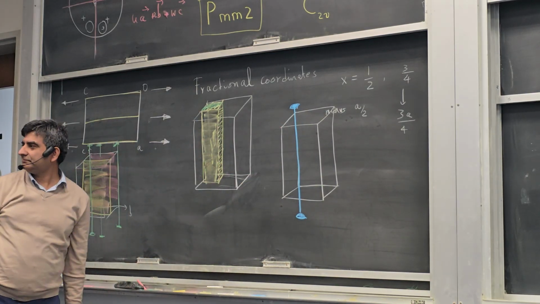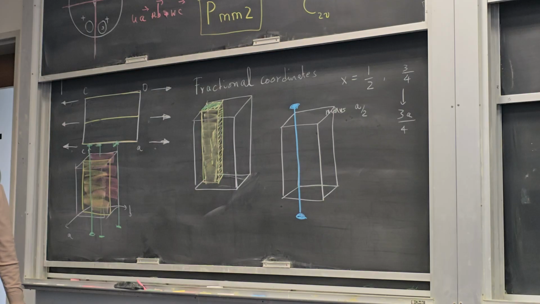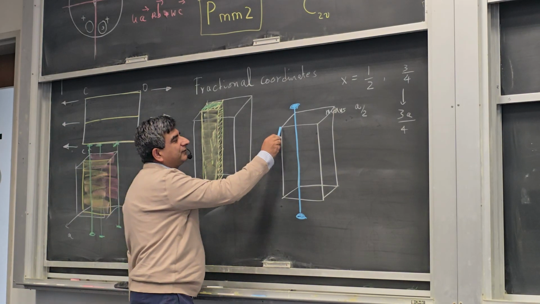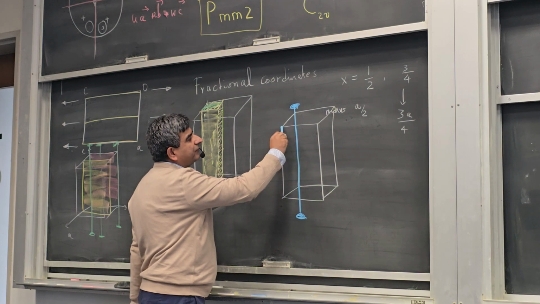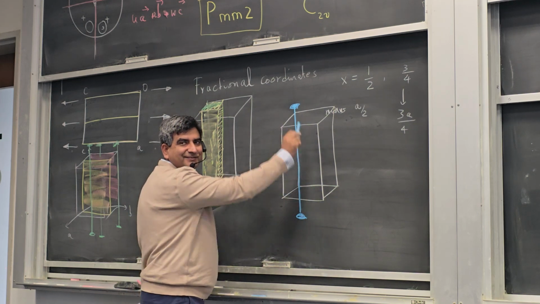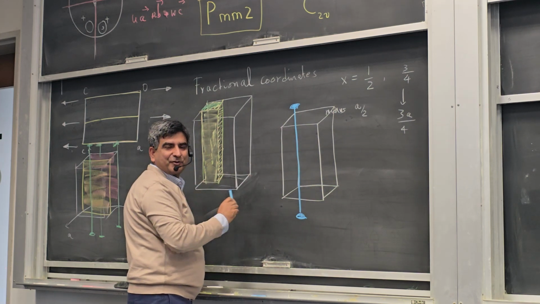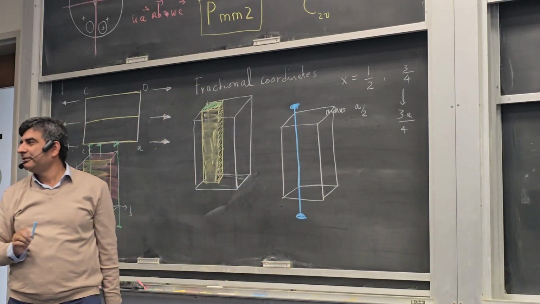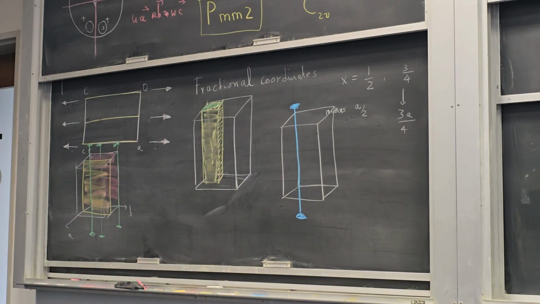Correct? Got it? So this is a two-fold axis of rotation. All of the four edges will be two-fold axes of rotation because they're just related by trivial lattice translations.